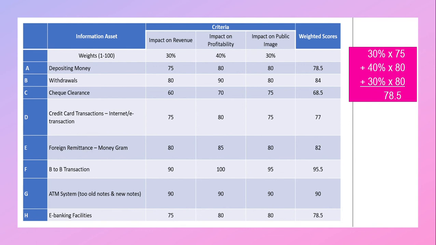Next is to also complete the following criteria in the row, then add it all up to get the sum of the rows. Note that it should always be 100% on the weighted score. The lowest weighted score must be prioritized also to improve the system and be safe from risk.